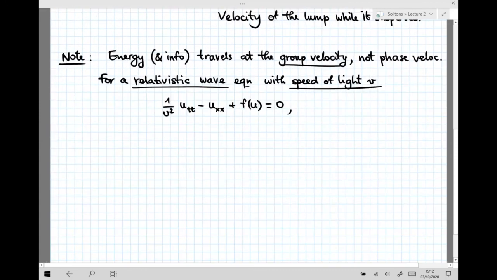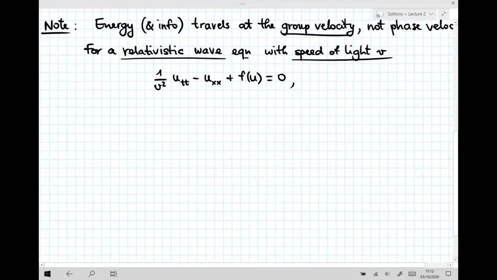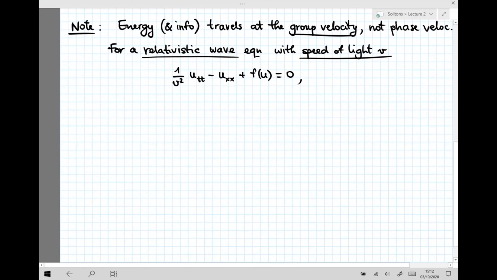The Klein-Gordon equation is an example of that, where the function f of u is linear in u.